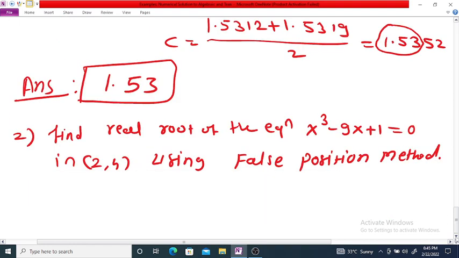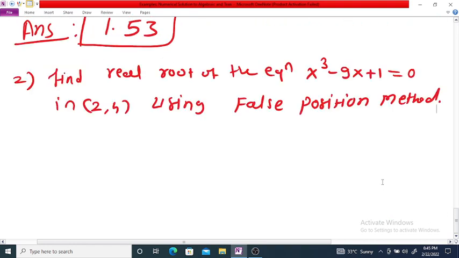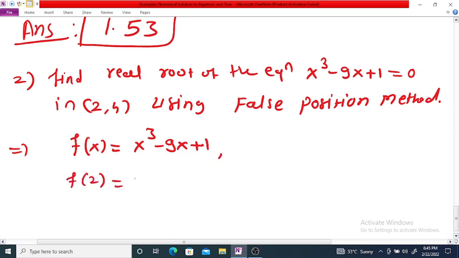Again here f of x is equal to x cube minus 9x plus 1, and f of 2 is equal to 8 minus 18 plus 1.